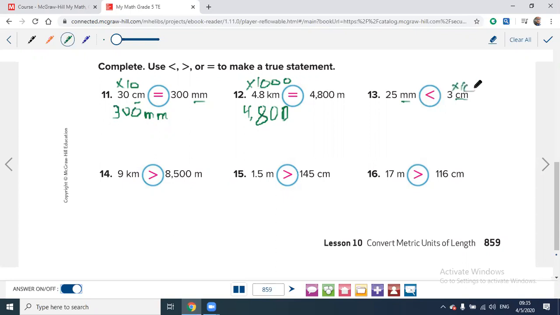So 3 centimeter equals 30 millimeters. Now I can compare between 30 millimeter and 25 millimeter. Which is greater? 30. So the answer.